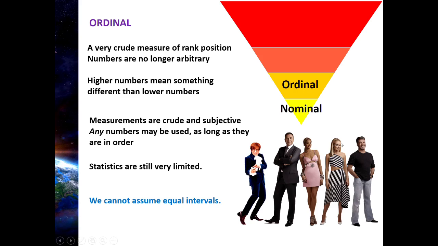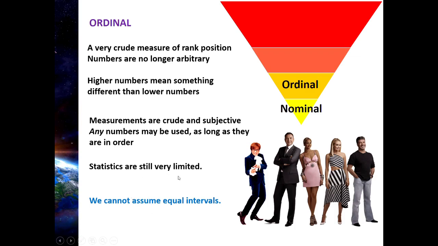So they're not increasing in terms of the variable we're interested in, which is height. We're not necessarily seeing an equal increase in height between a 1 and a 2 and a 3 and a 4, etc. So the numbers all go up by 1, but the underlying variable may sometimes go up a lot between, let's say, a 1 and a 2, but between a 2 and a 3, maybe height goes up only a little bit. So that's what we mean when we say we cannot assume equal intervals.